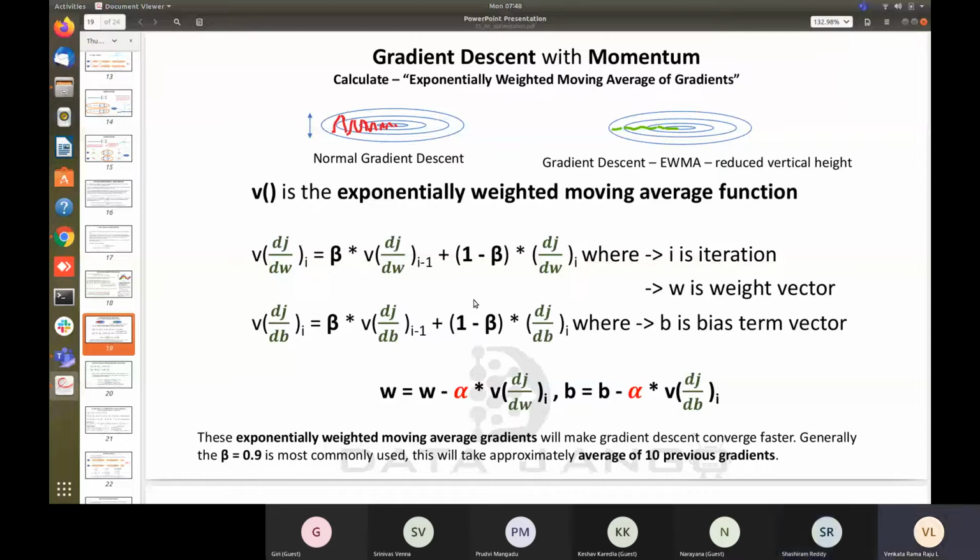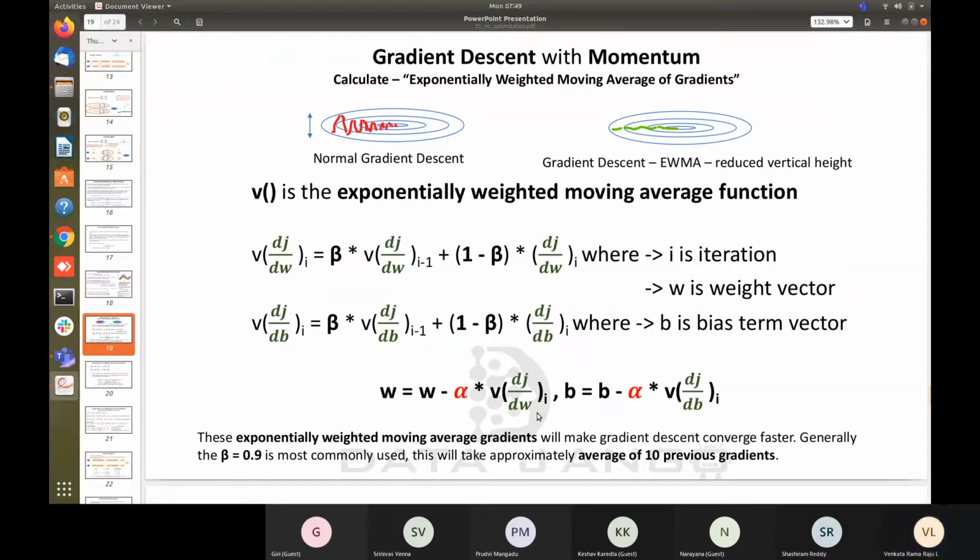But if you see here in momentum, we have used V of. So W is equal to W minus alpha into V of dj by dW. So in stochastic gradient descent, it is just dj by dW, but in momentum, it is V of some function of the derivative.